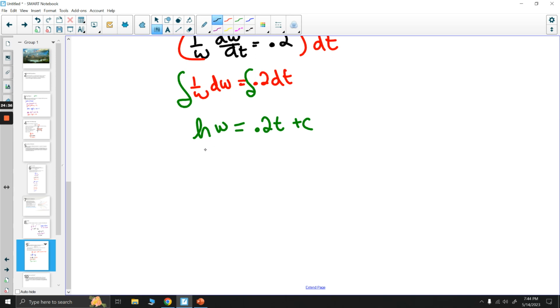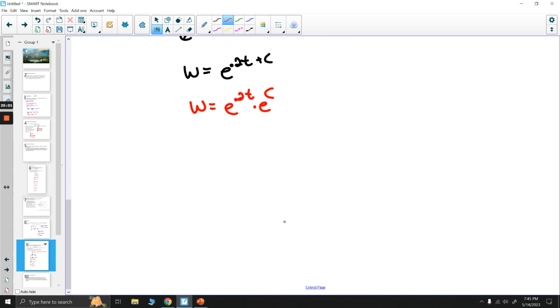So first off, we need to get w by itself. That is to say, we take e to the power on both sides. That cancels, and we get w equals e to the 0.2t plus c, much like we've seen in another problem. Same thing as before, we can write this as e to the 0.2t times e to the c, because plus is multiplication of the same base.